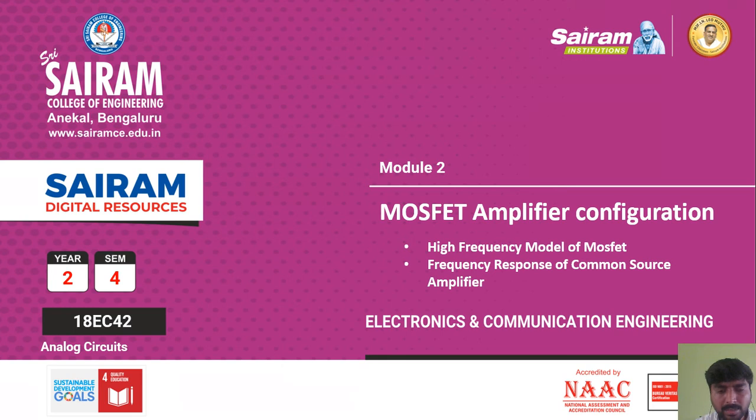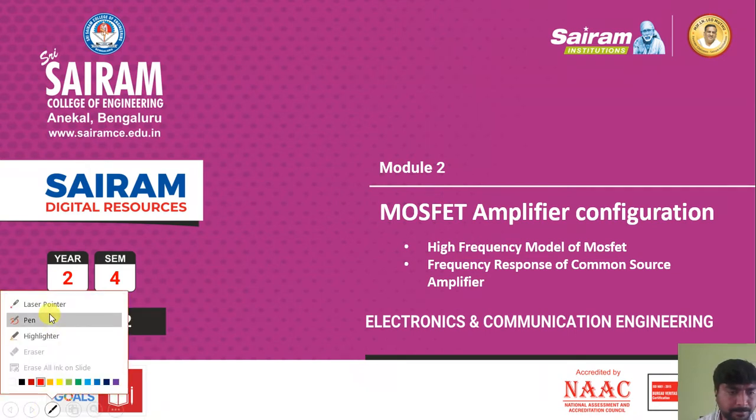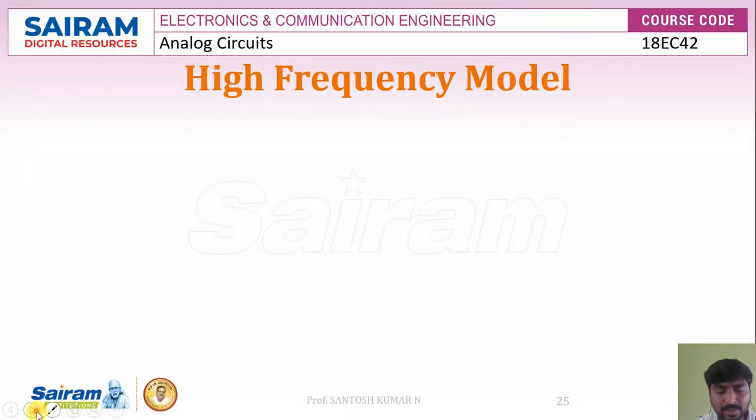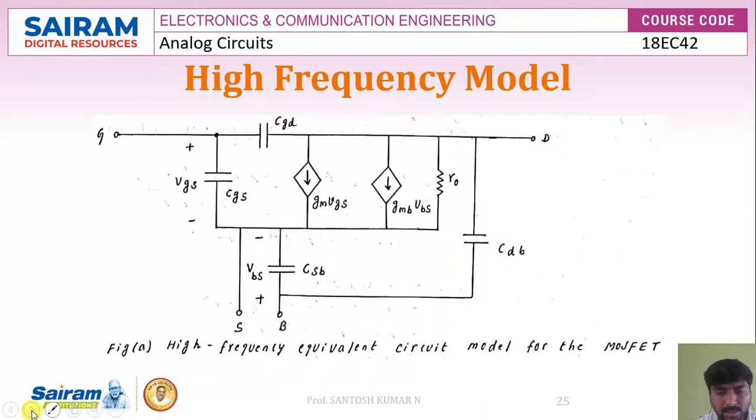Hi, in this particular lecture video, we'll be discussing the high frequency model of MOSFET and the frequency response of the common source amplifier. So, high frequency model. This figure shows the small signal model of the MOSFET, which includes all four capacitances, that is CGS, CGD, CSB, and CDB.